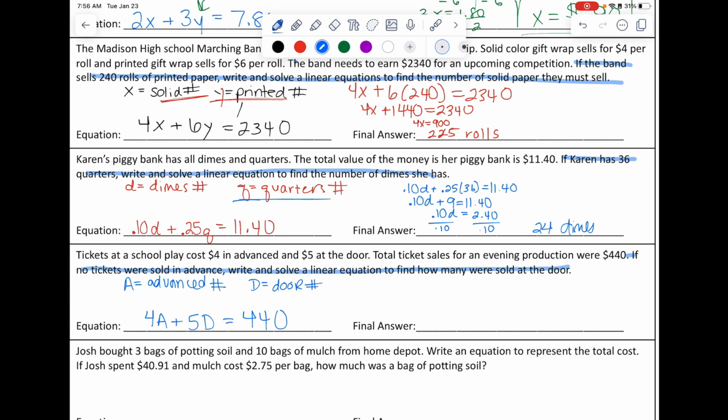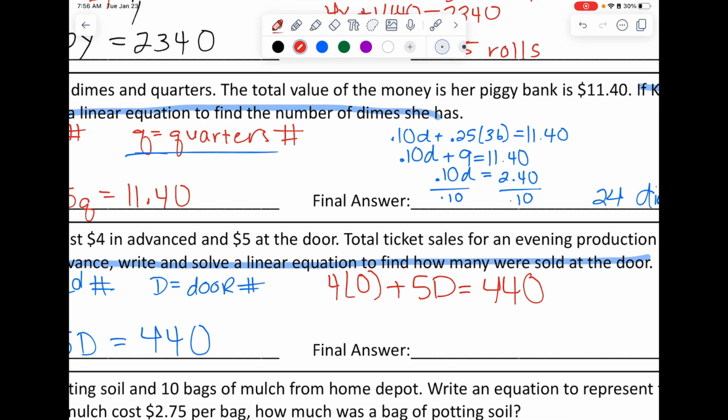So now we have our equation. Now we can answer the question: if no tickets were sold in advance, that would be A. No tickets, 0. We're going to plug in 0 for A. Normally, if you use X and Y, it's going to be based off of your handwriting. Sometimes a D can start looking like a 0, and it can start looking like a 50.